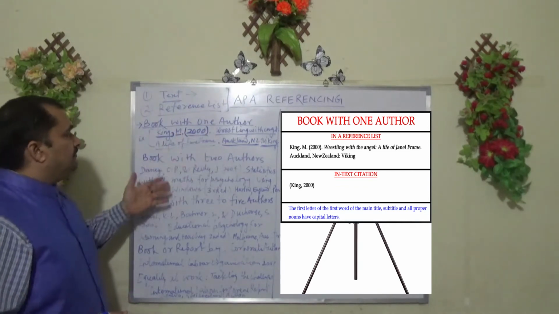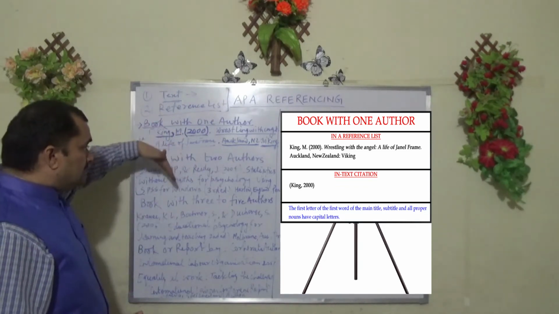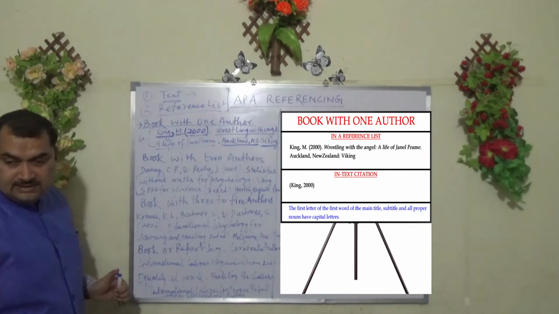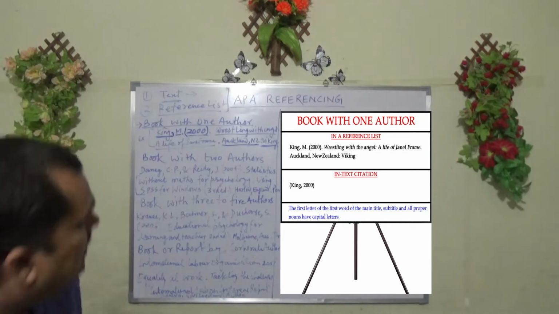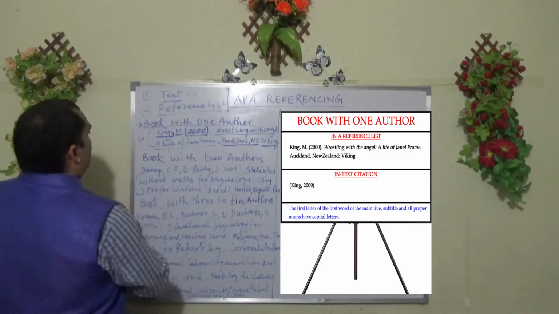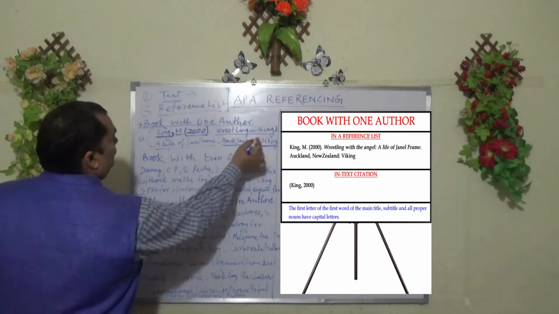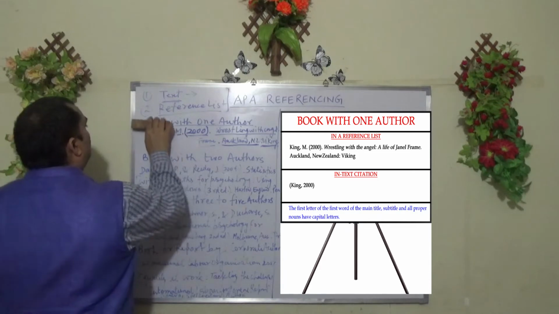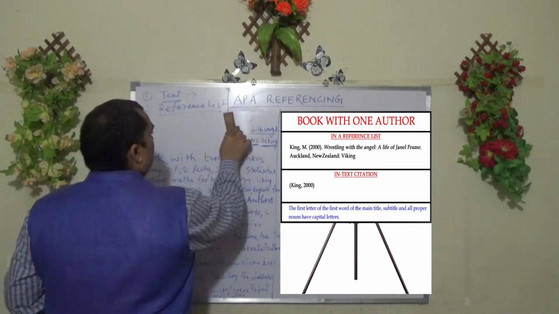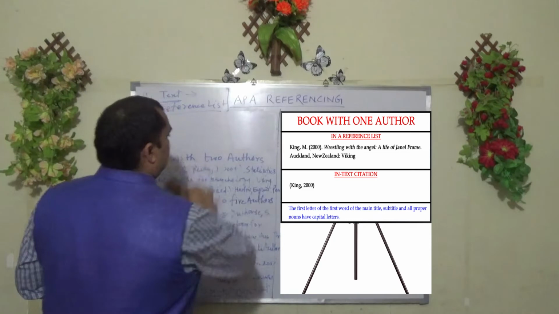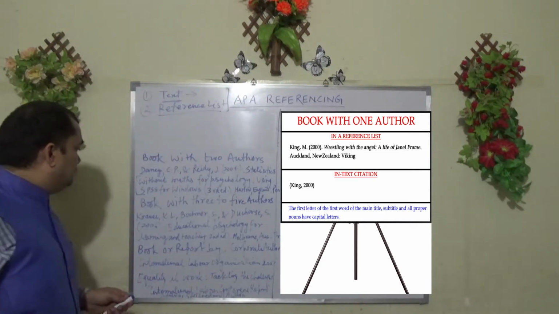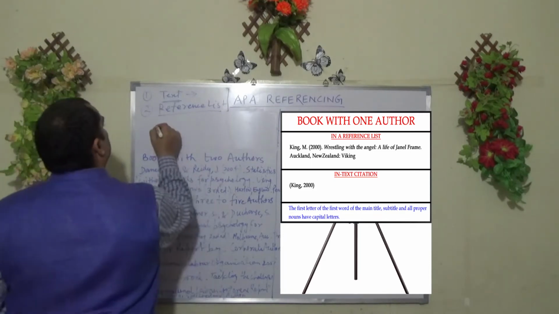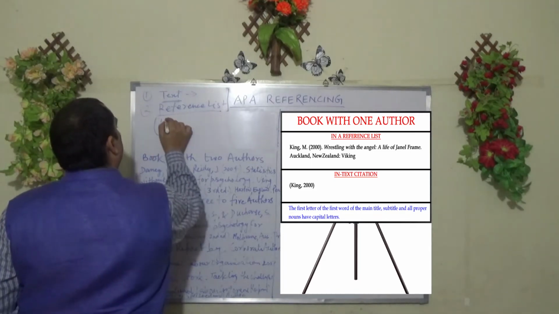The author name may be different in different cases, but I have purposefully given different examples so that it can be clear. So now we have seen how we prepare the reference list. Now let us see, in the case of a book written by one author, how we cite in text. The name of the author was King, M, so we also write it in brackets.